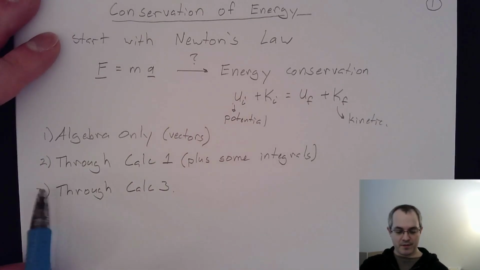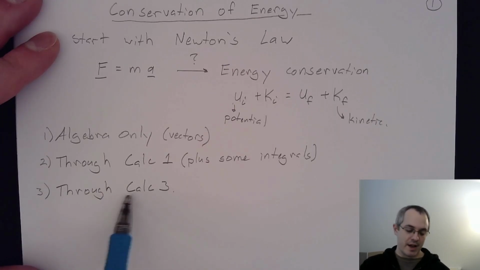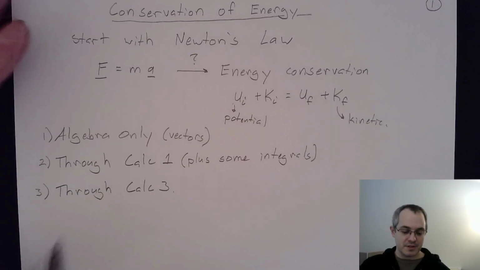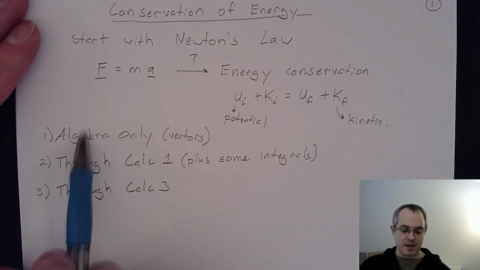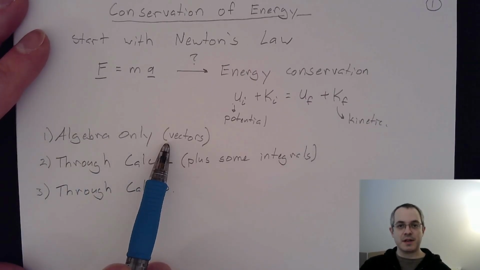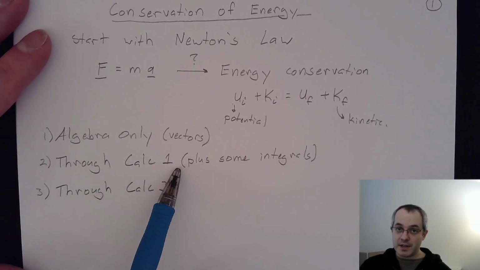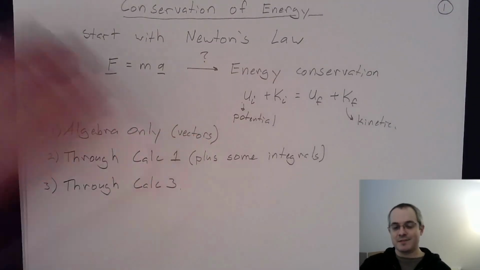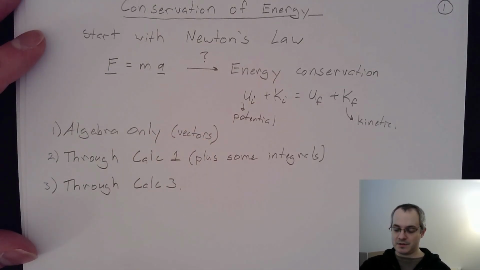If you're looking to see number 3 through Calc 3, I would recommend that you watch the first two ways, because there might be something interesting there that you find out by doing that. But by all means, if you're only doing physics with algebra and you have no idea how to do any calculus, just stop after number 1, because then the rest of it's going to be stuff that you won't really understand.